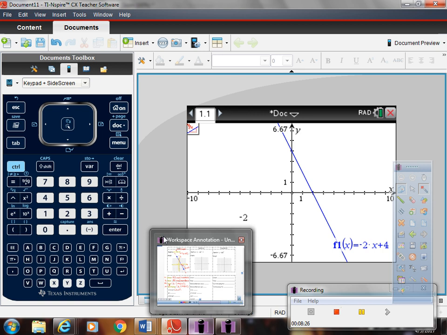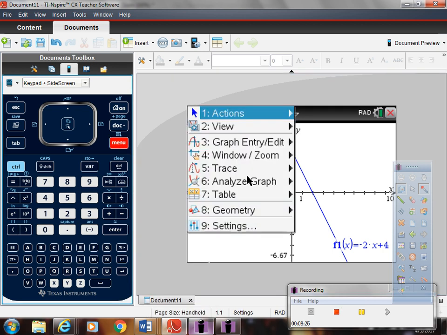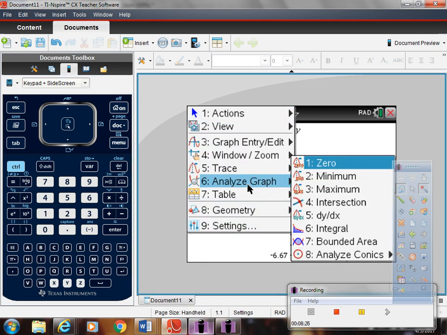Now, on your calculator, is there an option that will give us the x-intercept? Yes. What is it? We've done this before. Menu 6 1. Remember there were 4 names that meant the same thing. What were they? Zero. Well, that's how you remember it.